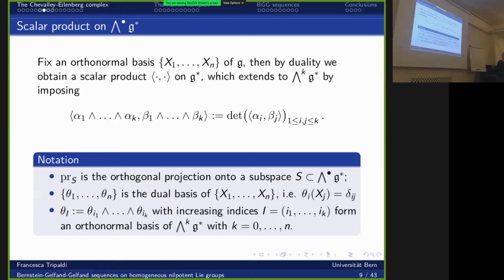And the thetas are the dual basis, which means that theta_i applied to X_j gives the Kronecker delta of i and j. Then one can check that this set of covectors is an orthonormal basis for the space of covectors, right? I don't know if this is very easy or already very boring.